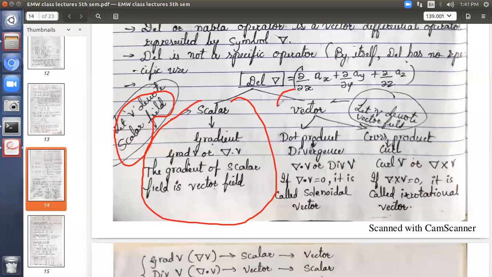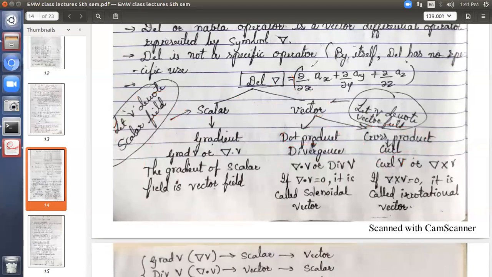If you associate del with a vector, two possibilities, dot or cross product. If it is a dot product, we call it divergence. If it is a cross product with a vector, we call it curl. And simply del is a del operator, and if it is del square, it is Laplacian. Okay.